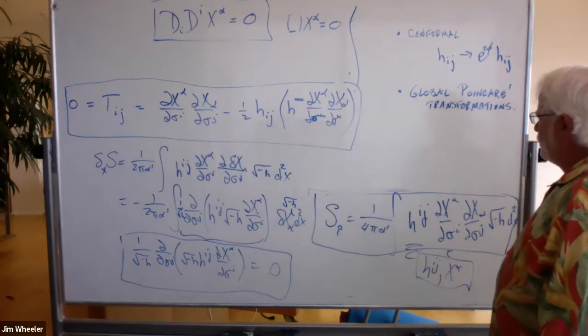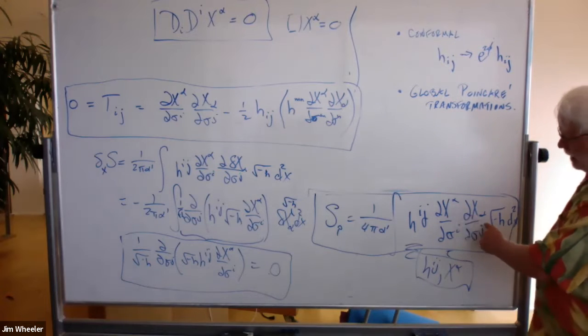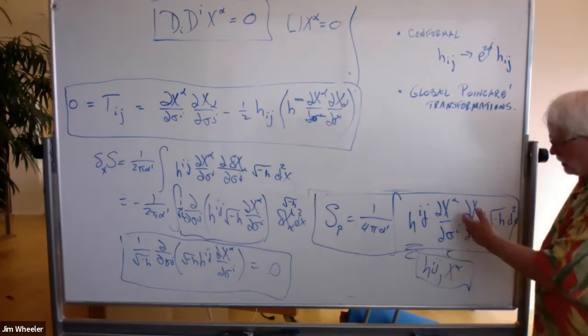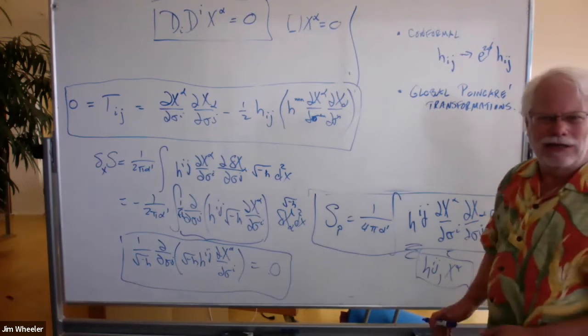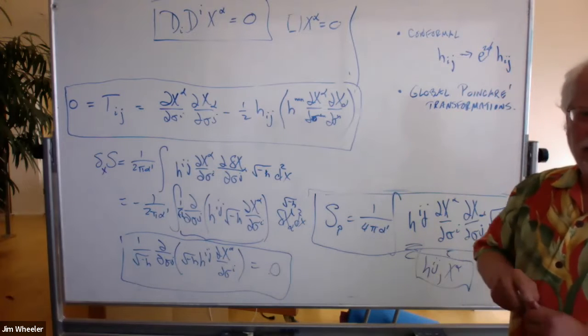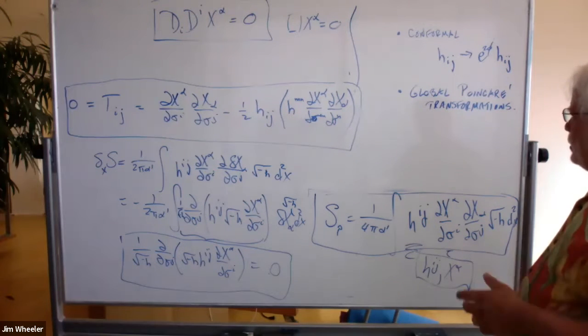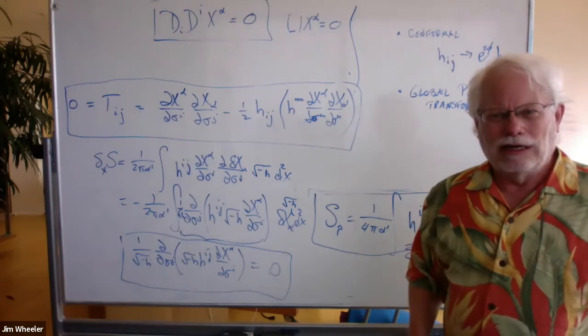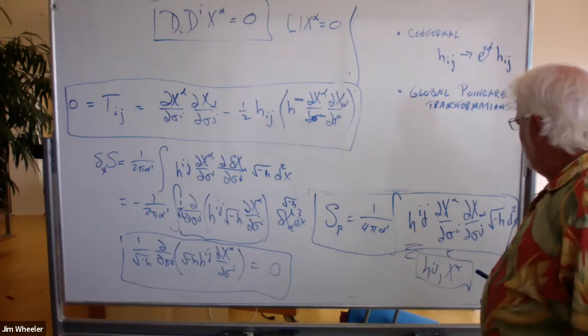How do we see we have global Poincare? Well, we have global Lorentz transformations because this is a Lorentz scalar in that larger space. We also have translational symmetry here, and we can see that in 2 ways.